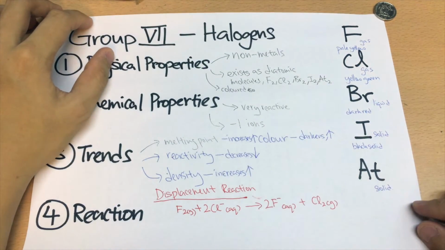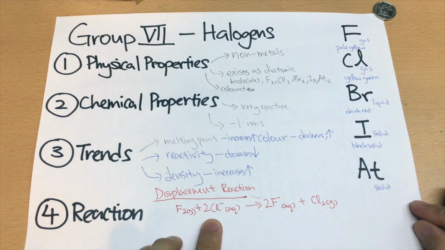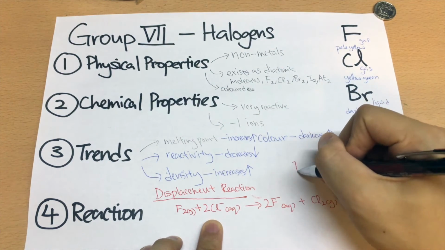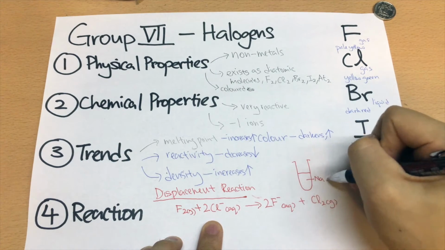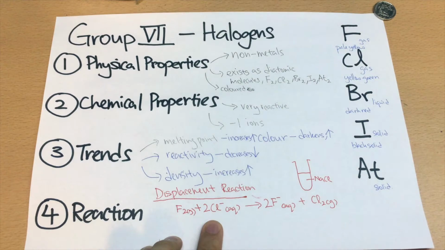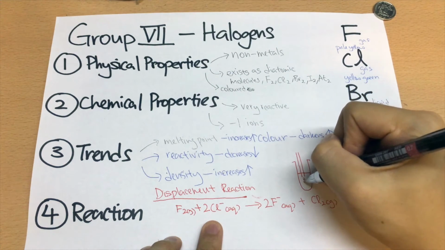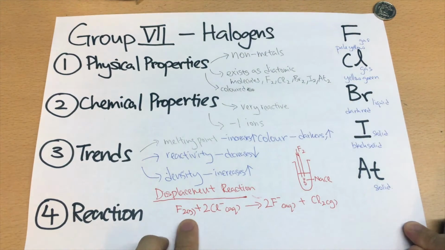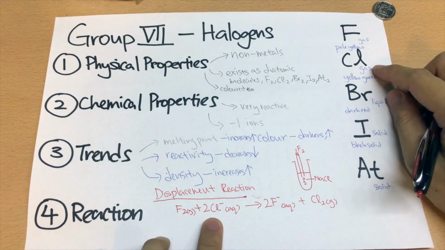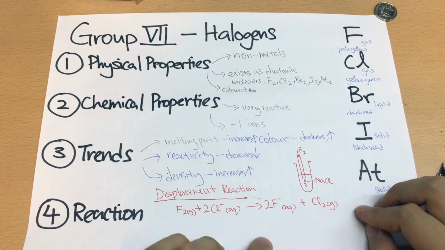What does this mean? It means that if I have a solution of a chloride, like for example, in my solution, I have sodium chloride, NaCl. If I were to bubble some fluorine gas in, the fluorine gas being more reactive than chlorine will displace the chloride ions out of the solution.